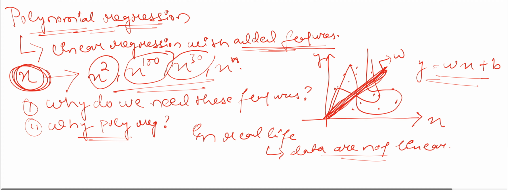Basically bending the line, making it a curve to cover more area in our data. How do we do it? We just simply manipulate the input data by raising its power. So that's why we need these features.